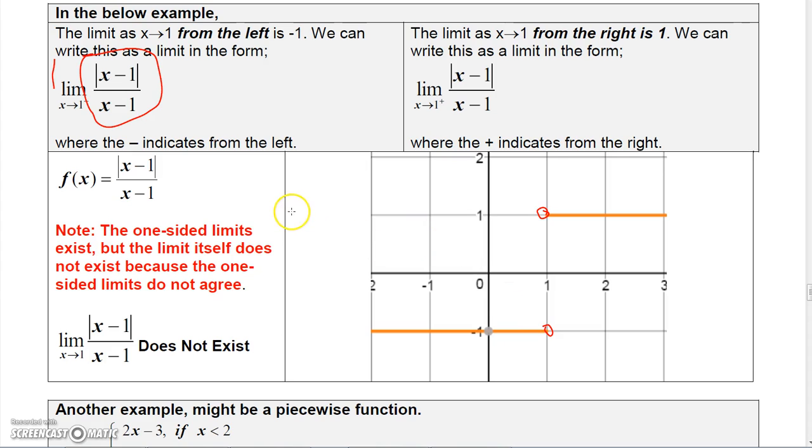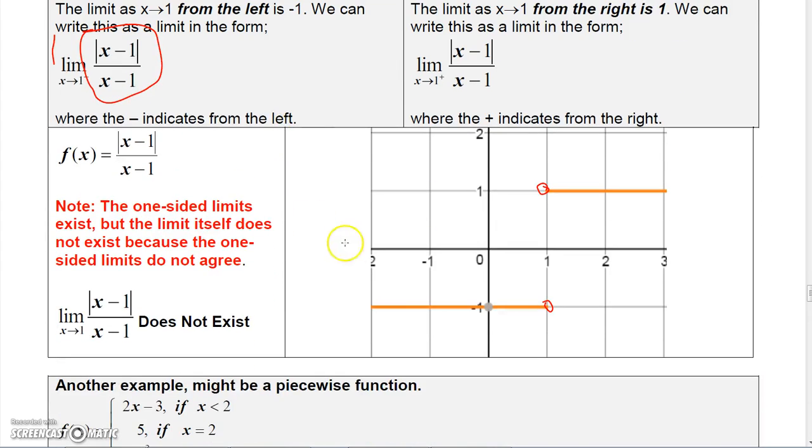So what's going to happen is as you approach positive 1 from the left, you'll notice that the graph just stays at negative 1. And if you approach positive 1 from the right, you'll notice the graph just stays at 1.